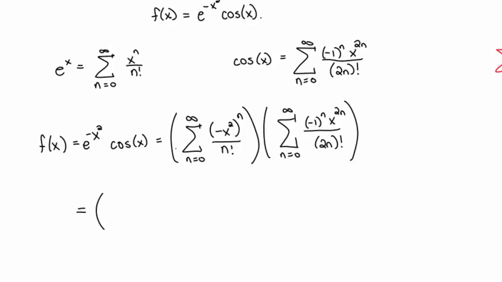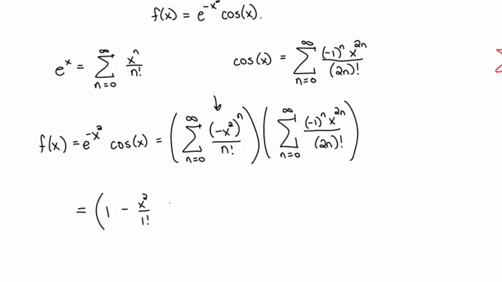Let's see, when n is equal to 0, and normally I would write the first series as negative 1 to the nth, x to the 2n, but because I'm expanding it out, I'm not going to bother with that. When n is equal to 0, I have who cares to the 0th power over 0 factorial, which is 1. When n is equal to 1, I get a negative x squared over 1 factorial.